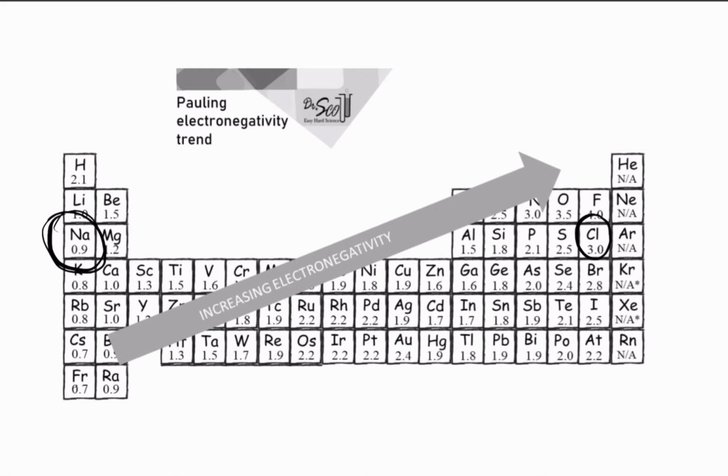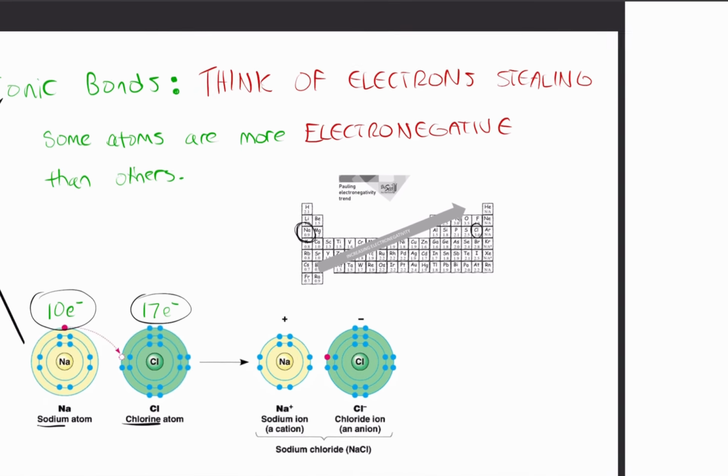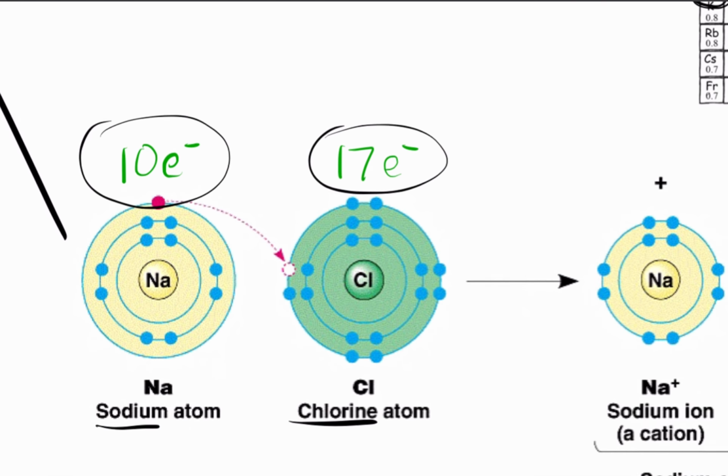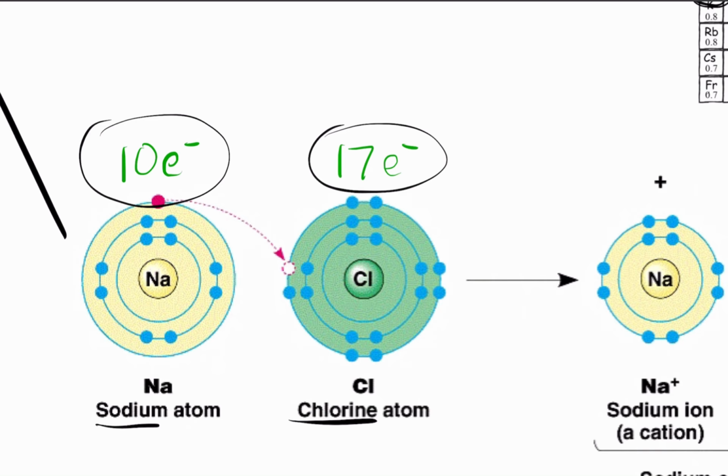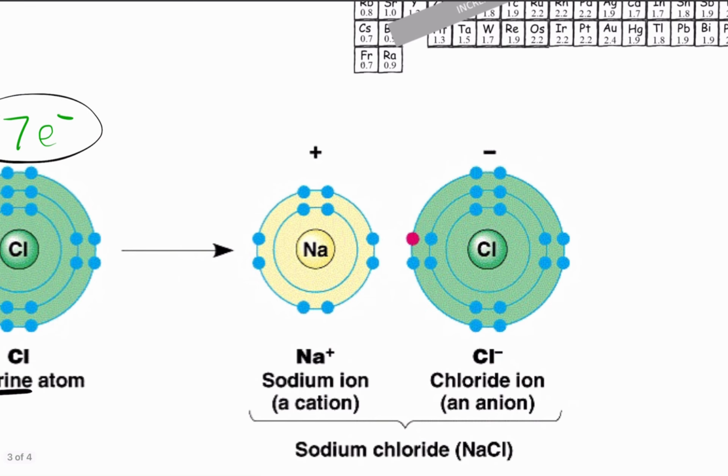So this means that chlorine would be more electronegative, and chlorine is going to be the thief. It's going to take this electron from sodium, and they're going to form something called an ionic bond, where they're not sharing electrons. This time chlorine is taking that electron from sodium.